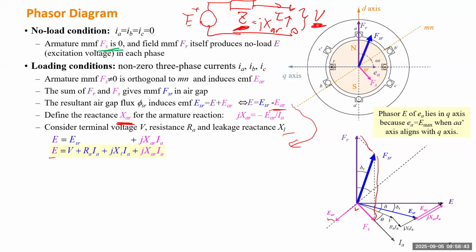So this is the equation we are looking for. Next, we can simplify the last two items. We simply call the total reactance XS, the equivalent total internal reactance. We call it the synchronous reactance.